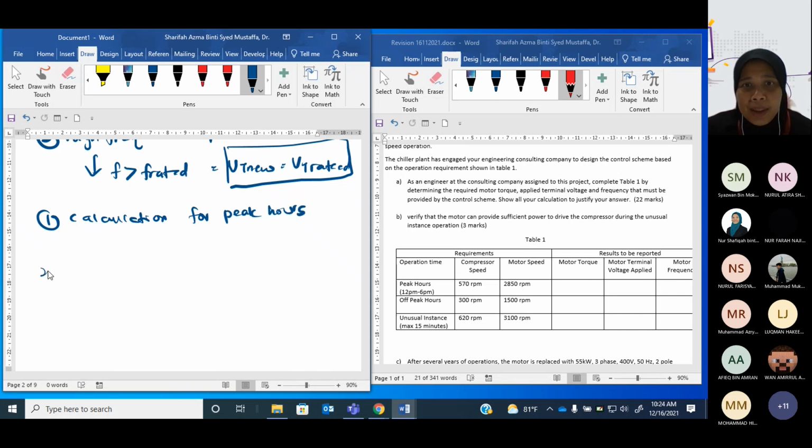Then the second one, calculation for off-peak hours. You must write down what you are doing. If you just write the answers, maybe some marks will be deducted. So 3 times you have to repeat the same procedure to calculate the motor torque, the motor terminal voltage and also the motor frequency. Any question?